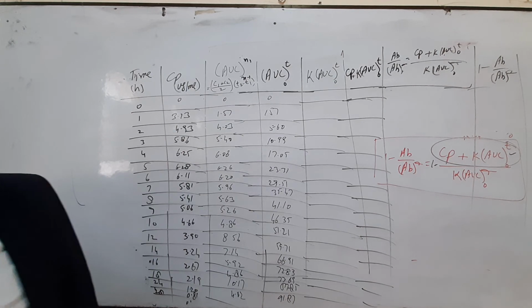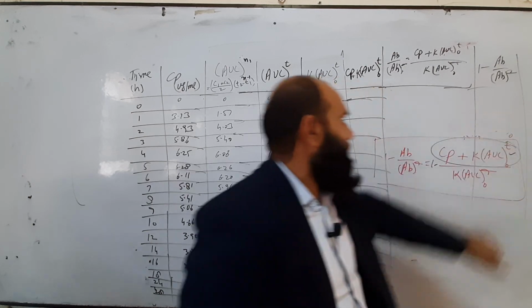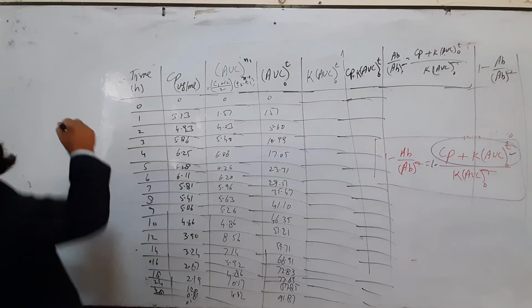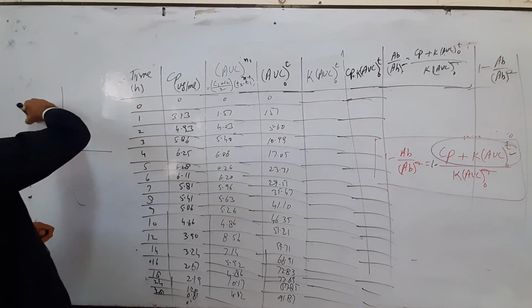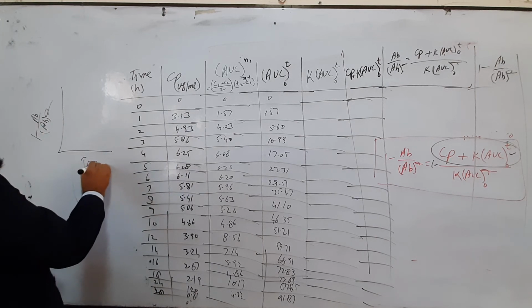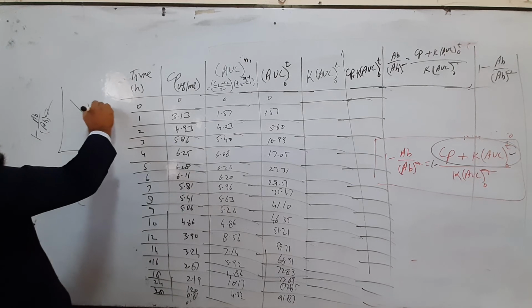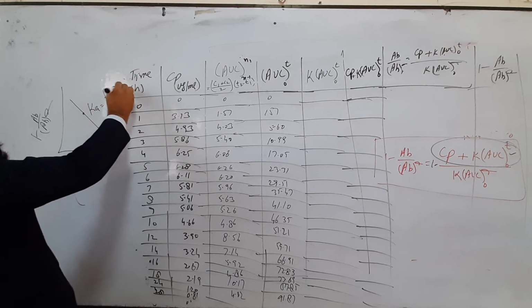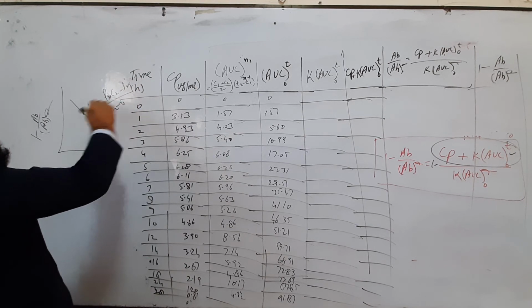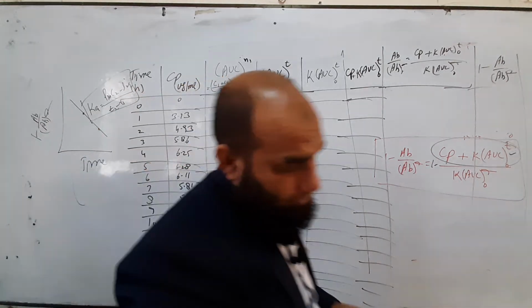And when we plot 1 minus AB over AB infinity with time, we will get a straight line, just like the IV injection. Here we will calculate the K, that is Ka equals ln C2 minus ln C1 over T2 minus T1, called the absorption rate constant by using the Wagner Nelson method.